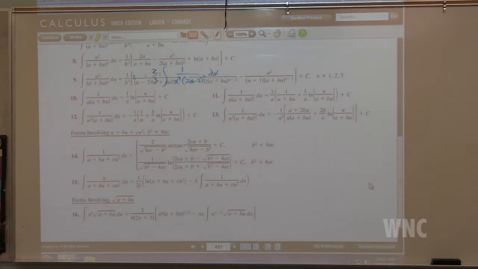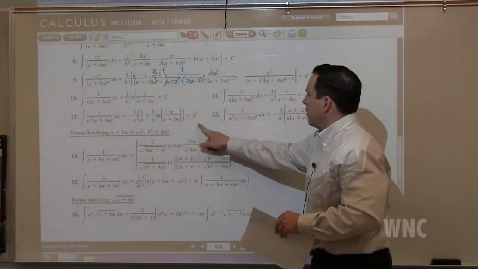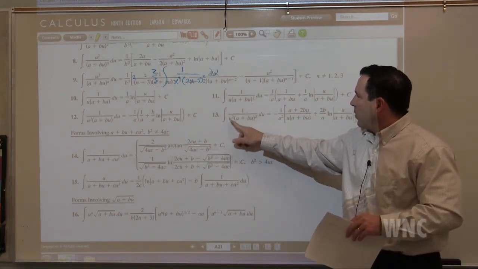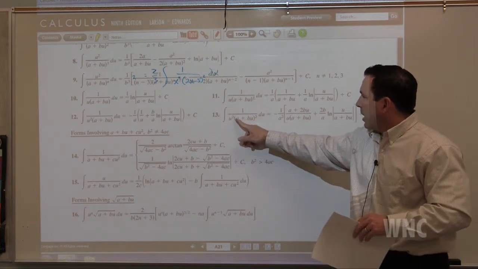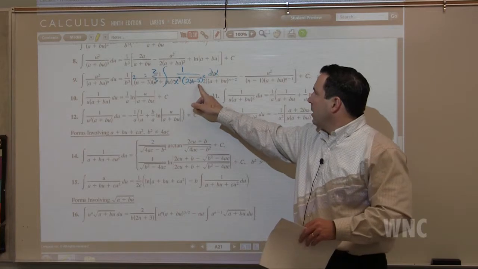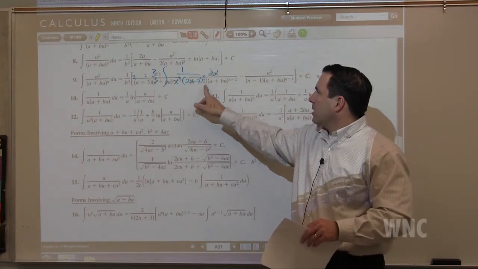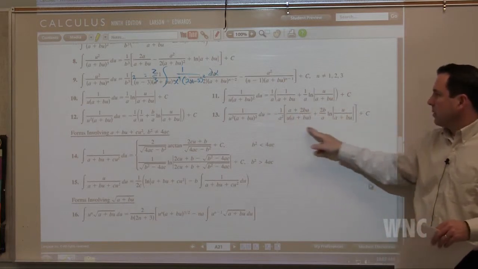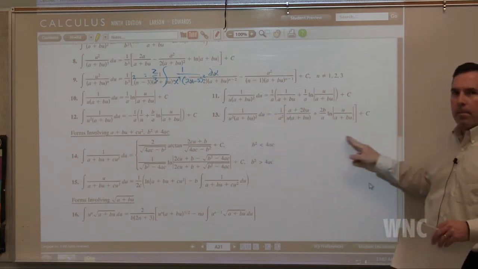In this first part, I see number 13, which says you have the integral of 1 over u squared times the quantity a plus bu squared, and we have x squared. Think of it as negative 5 plus 2x, that quantity squared, du. And this is the antiderivative.